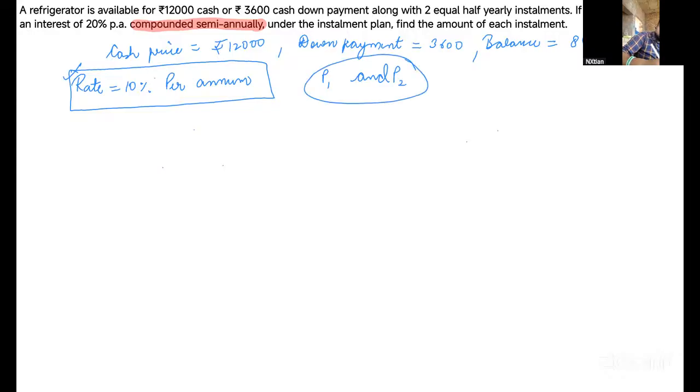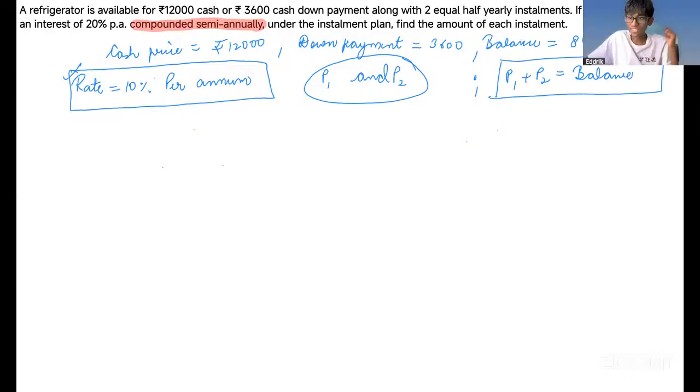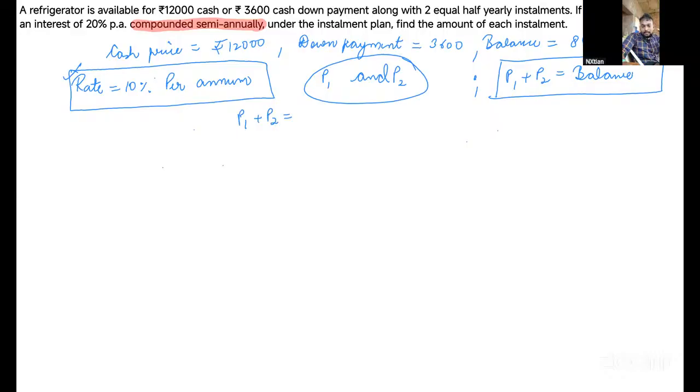Now we should know that the sum of P1 and P2 is equal to the balance, which is 8,400. Every time, whenever you find the principal, the total principal will equal the balance.